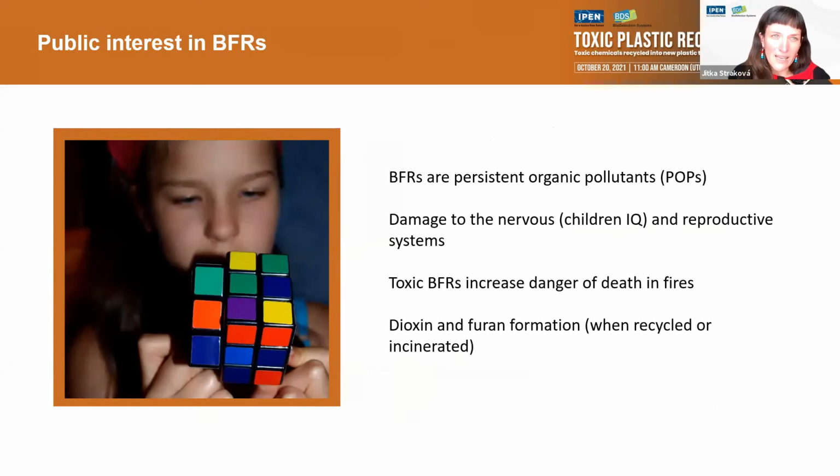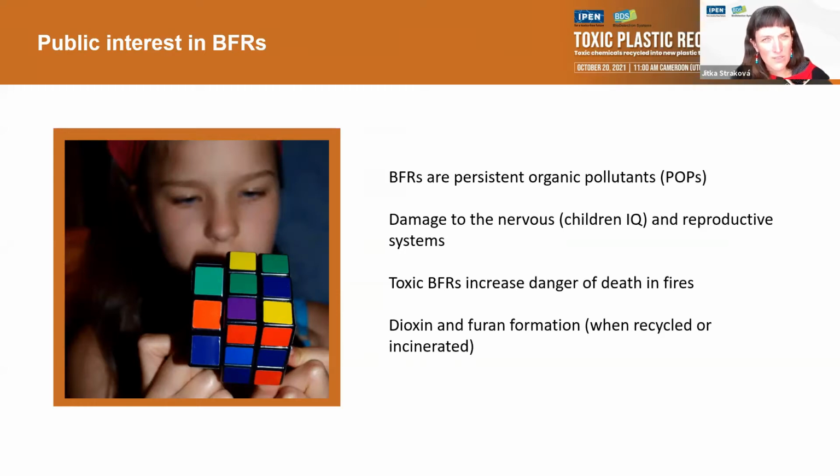Public interest in brominated flame retardants has been rising over time because they are present in house dust, but they are also present in breast milk. They are known to have properties of persistent organic pollutants. Brominated flame retardants are very resistant to decomposition under natural conditions.